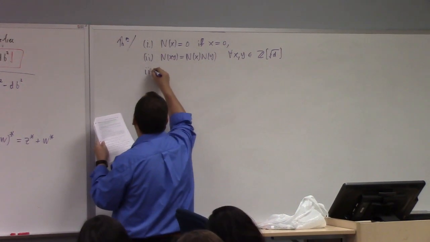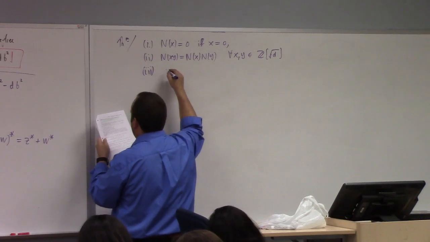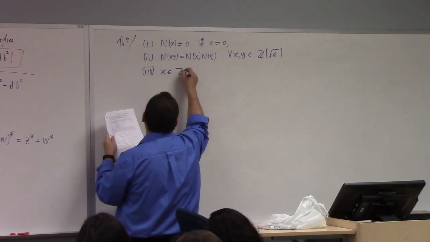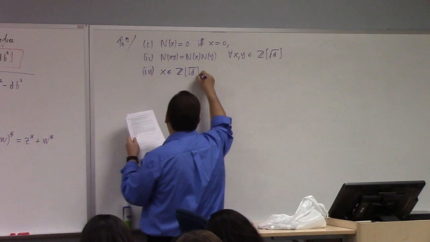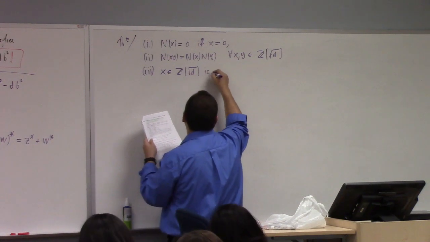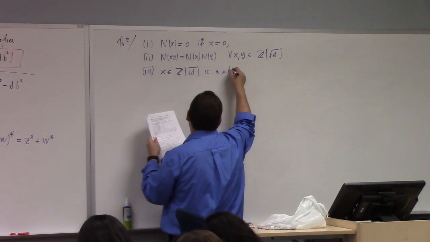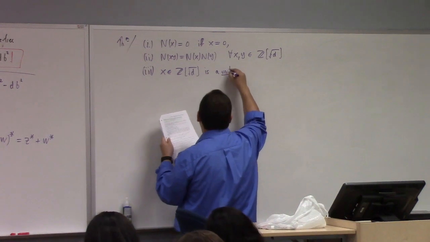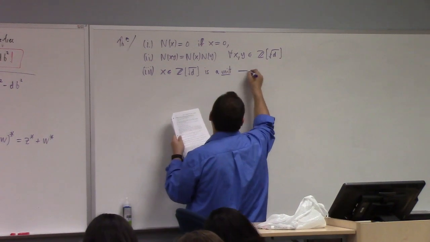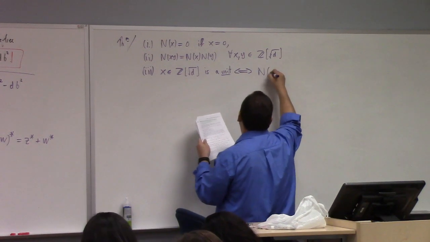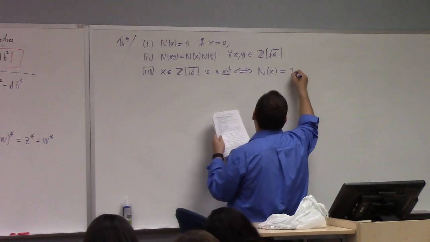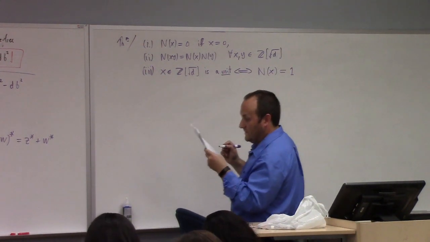Three, we have that x, an element of Z adjoin the square root of d, is a unit if and only if N of x is equal to 1. Well, that's really nice.